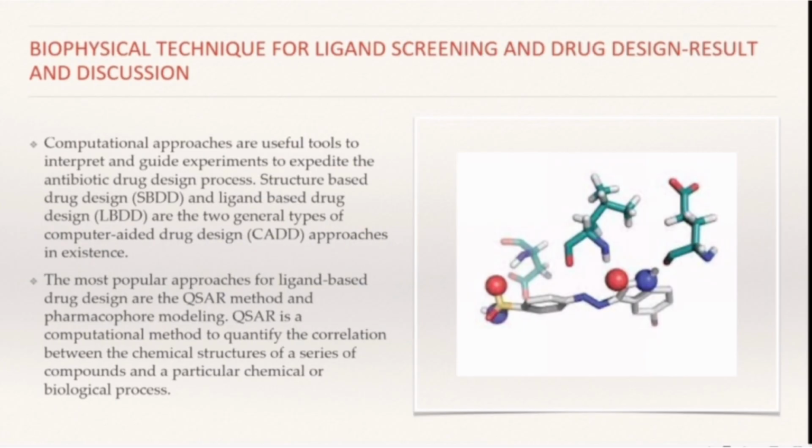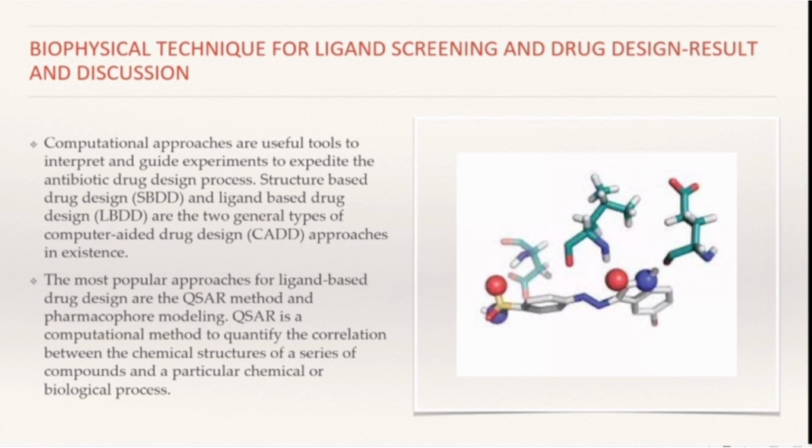Computational approaches are useful tools to interpret and guide experiments to expedite the antibiotic drug design process. Structure-based drug design and ligand-based drug design are the two general types of computer-aided drug design approaches in existence.